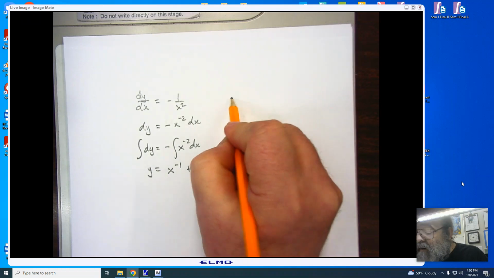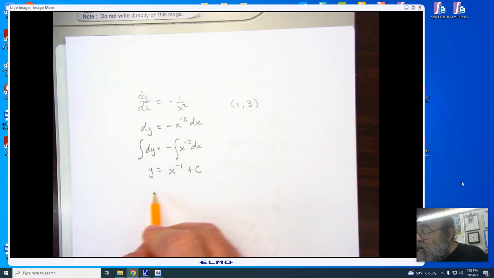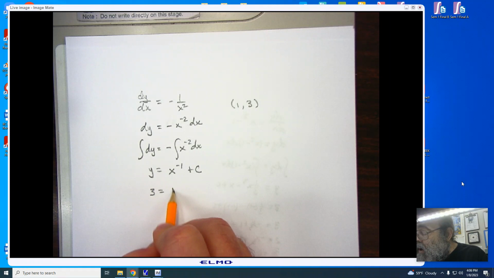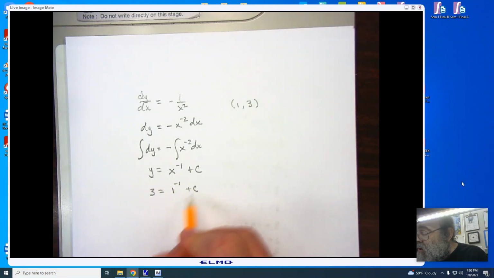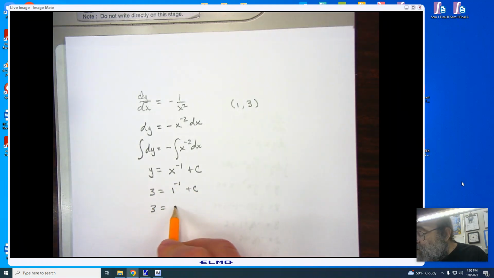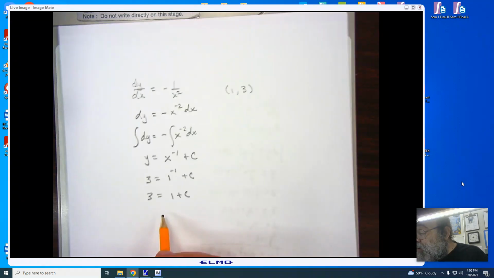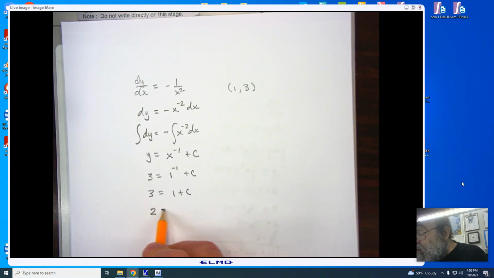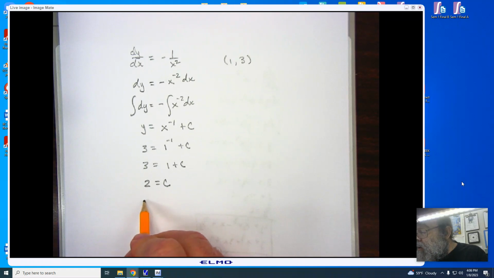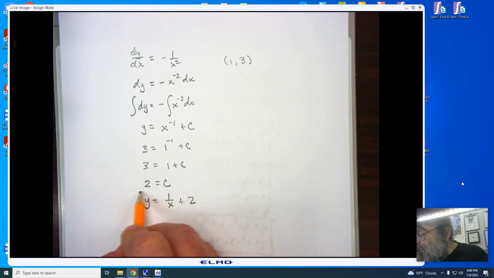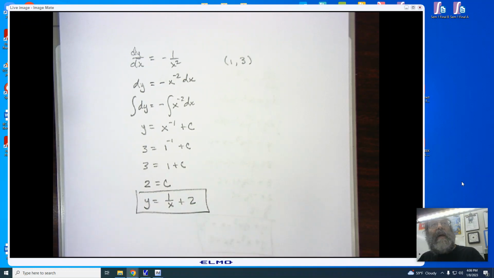And the point that they gave us was 1, 3. So 3 equals 1 to the negative first power plus c, and therefore 3 equals 1 plus c. Oops, excuse me, I already gave the answer, didn't I? 2 equals c. So my answer is y equals 1 over x plus 2, and that's the answer that I'm looking for. We're now going to graph that answer.